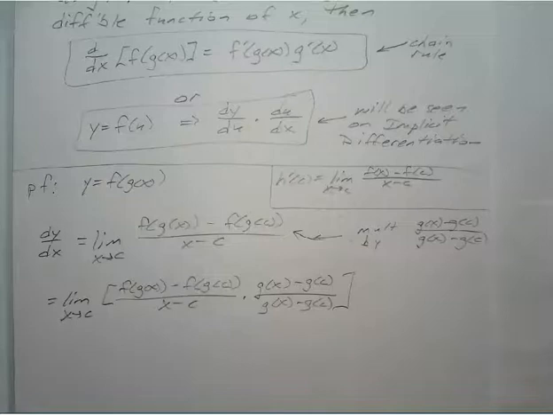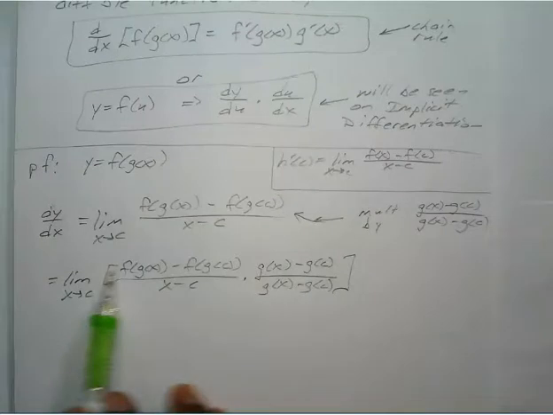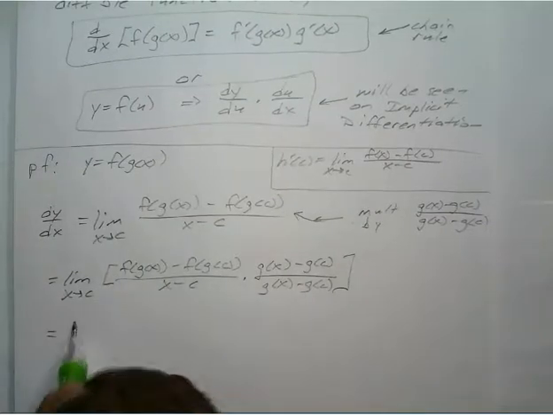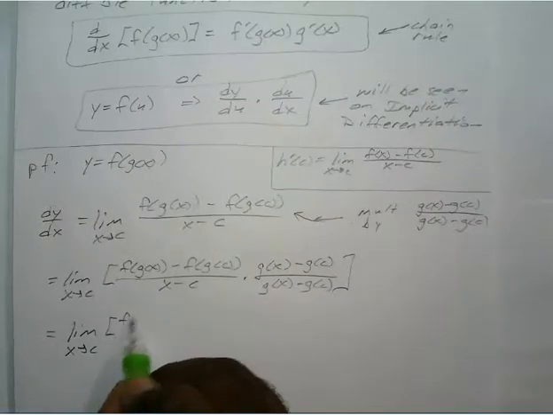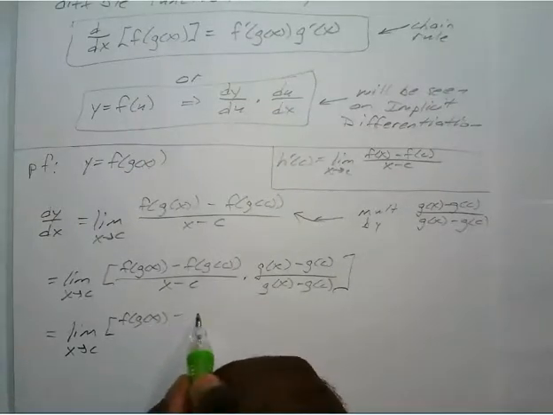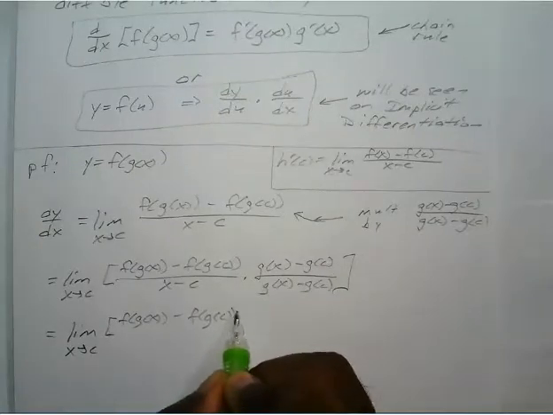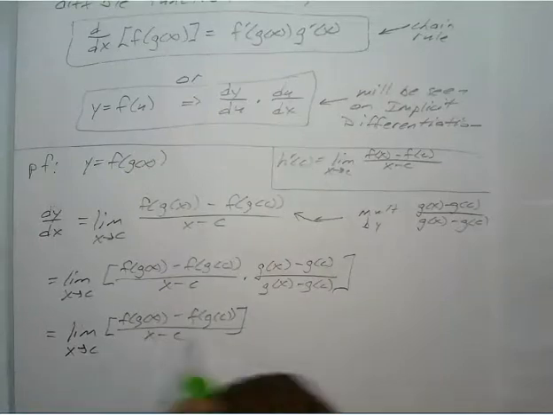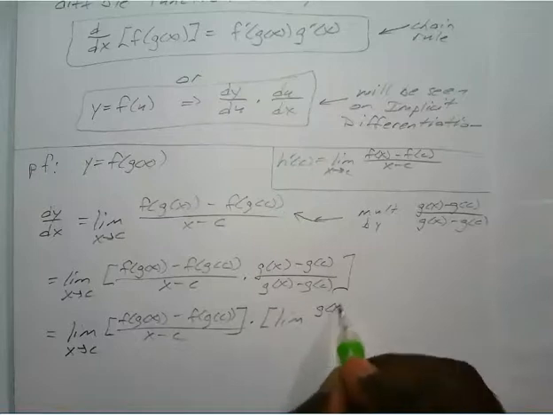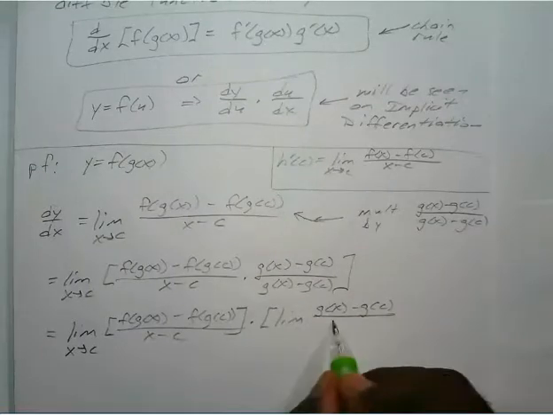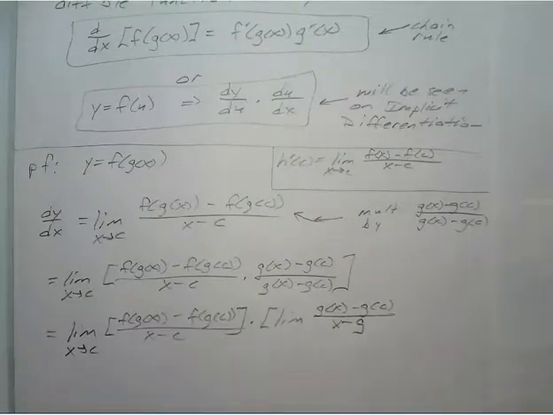Alright, so if you remember, you can go ahead and distribute that limit to both of those factors. So that's the limit as x approaches c of f of g of x minus f of g of c all over g of x minus g of c, times the limit of g of x minus g of c all over x minus c.